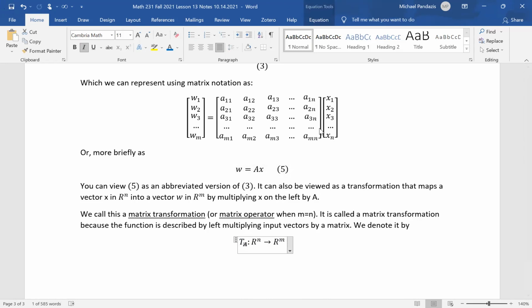Okay, so I'm going to draw a picture illustrating this. If you have your space Rn, and you take a point in that space Rn. A point in a space is just one of the elements of the set, right? So an x in Rn is an n-tuple, a vector with n components.